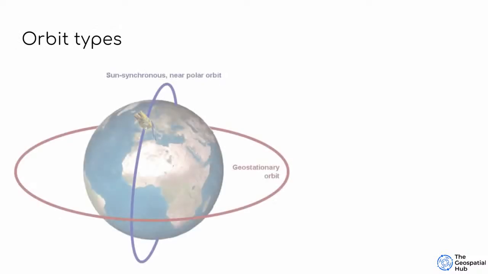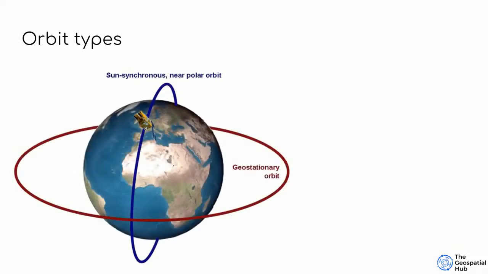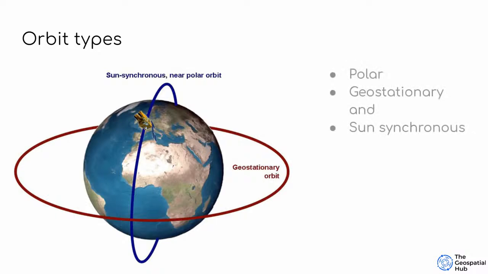So next we'll be talking about the types of satellite orbits. Basically, we'll be talking about three different types of satellite orbits. We have the polar orbit, the geostationary orbit, and the sun synchronous orbit.